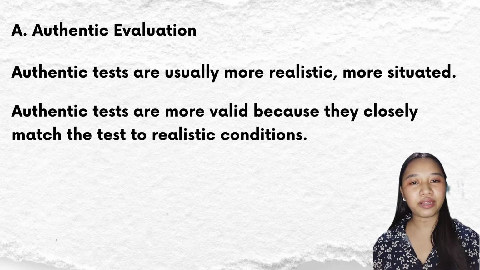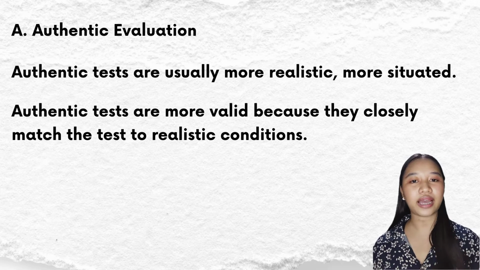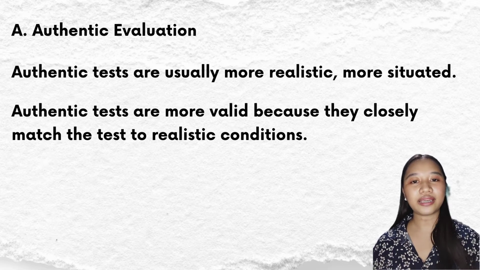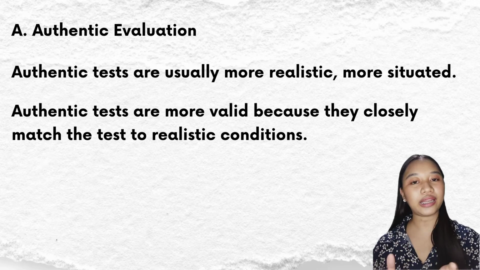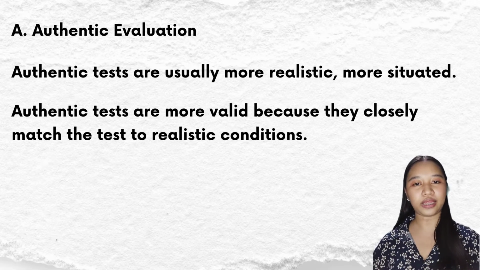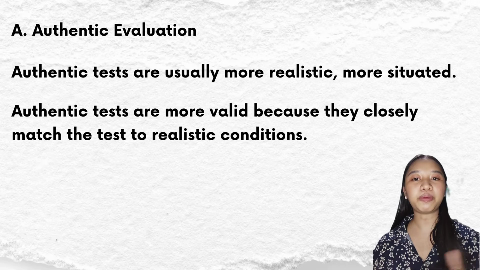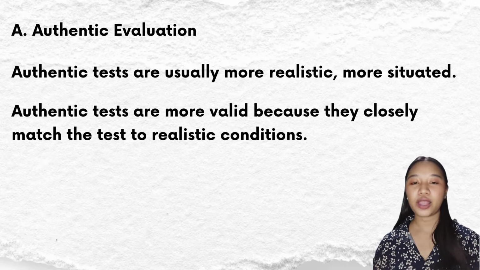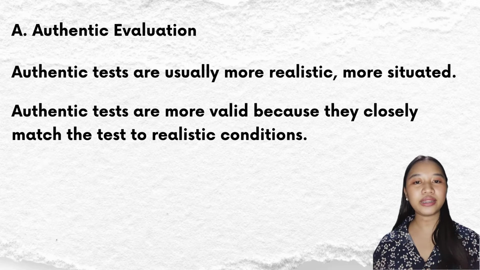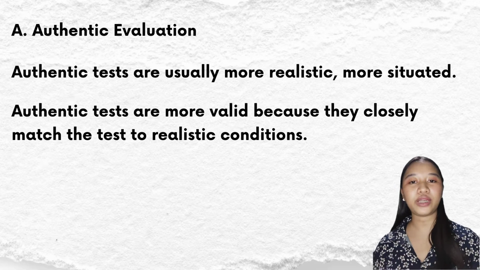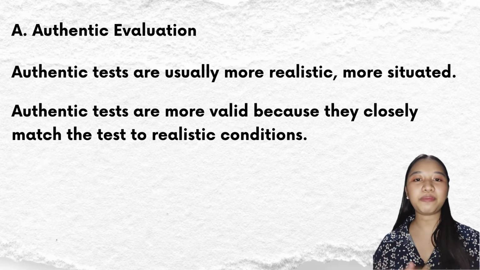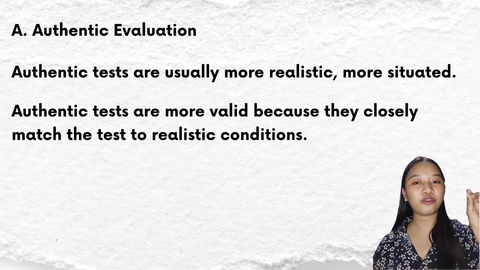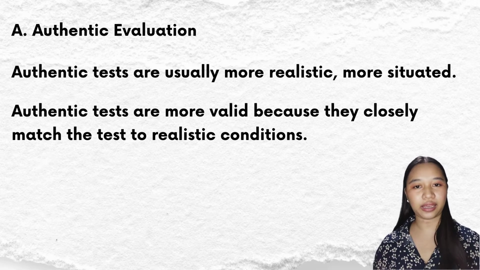Letter A, authentic evaluation, is not the correct answer. Authentic tests are usually more realistic, more situated. They have the learner perform the task that is the true target of instruction. For example, an authentic test of baking a cake would have the student actually bake a cake rather than write down the steps in baking a cake.